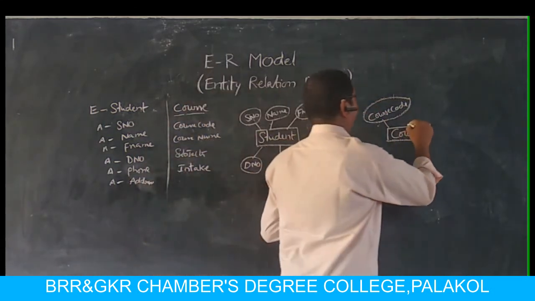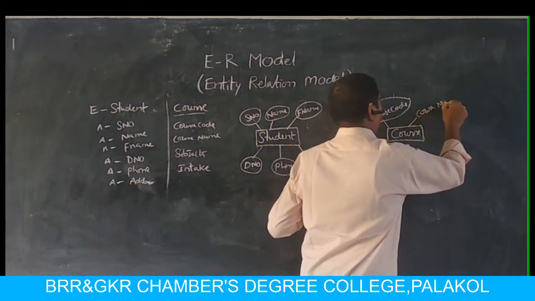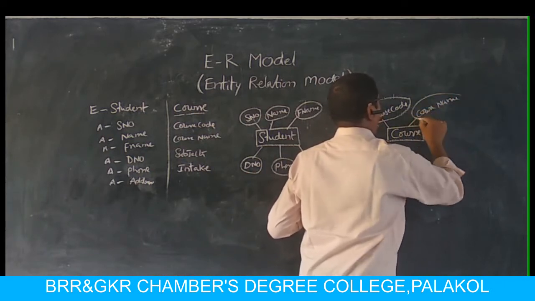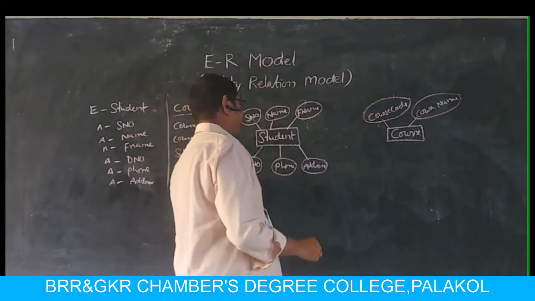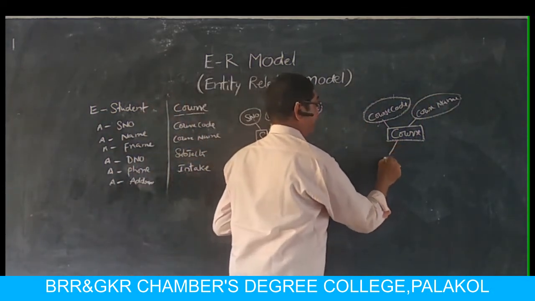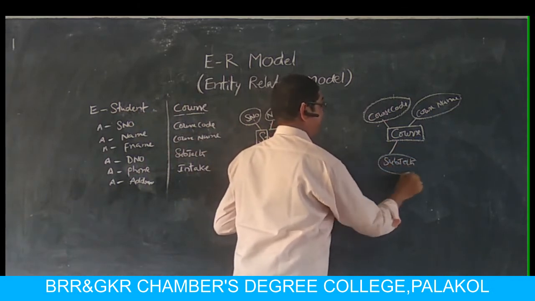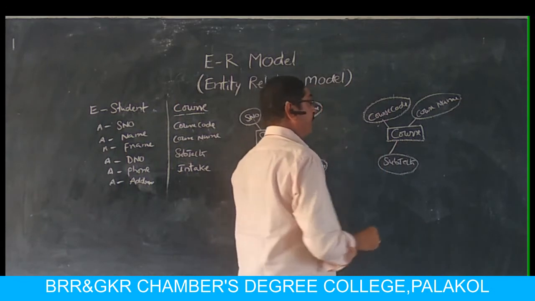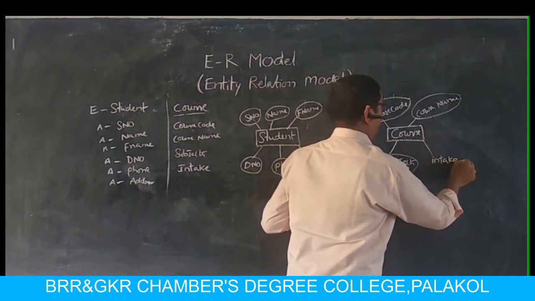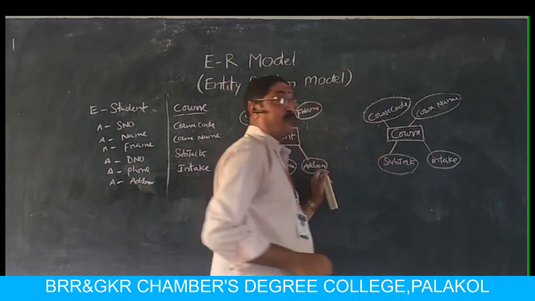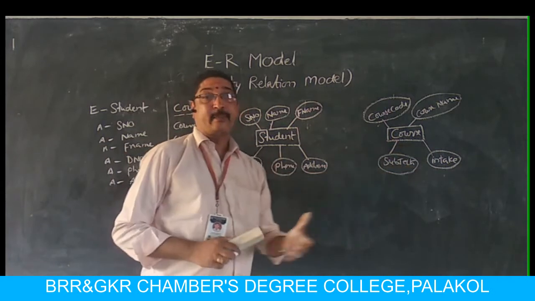Course name, another attribute. Subjects, another attribute, and intake. How many students can be enrolled into course? Approved. So like that, these two entities are represented here.